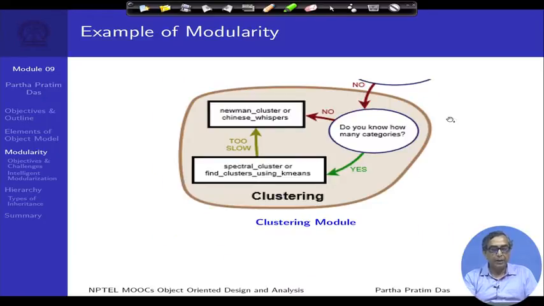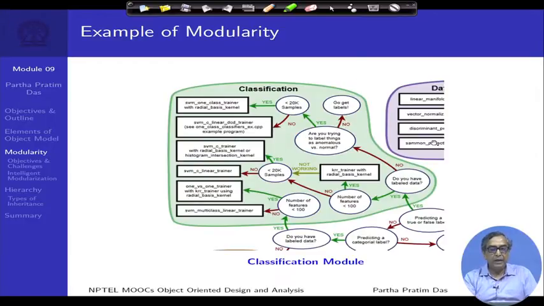We will have a separate module for clustering, which, when we do not know given the data how many different categories or subcategories or classes it belongs to, we perform to decide on a good set of classes. We will have a classification module, which, given the set of classes and given test data, can decide which of the classes it belongs to using different machine learning algorithms.